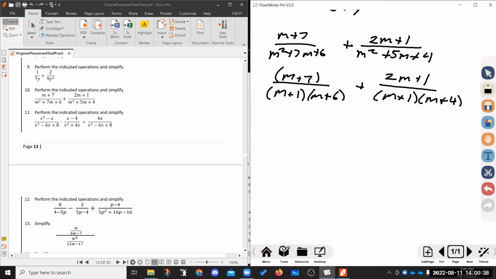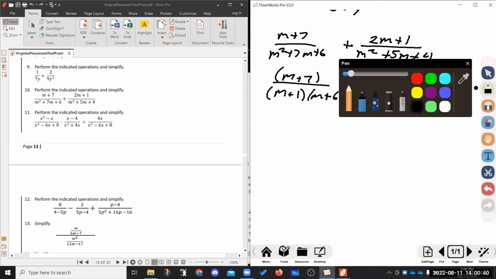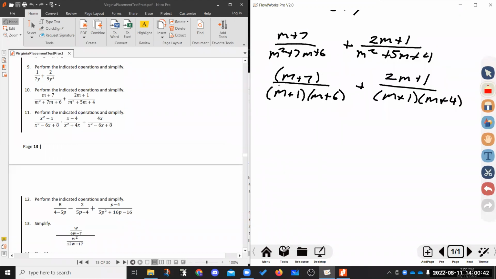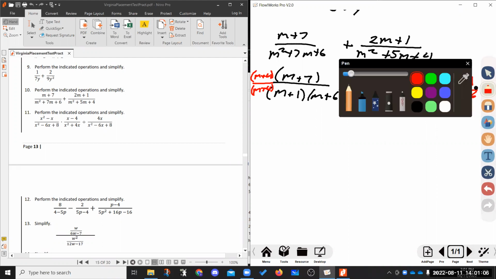Let's go ahead and switch colors here for a second. That means that I'm going to have to multiply by m plus 4 over m plus 4 here. I'm going to have to multiply by m plus 6 over m plus 6 here.